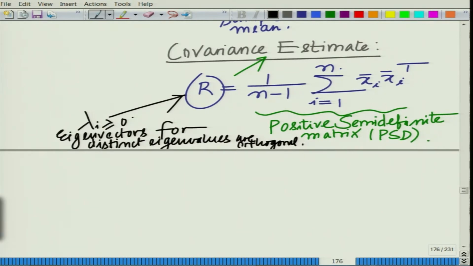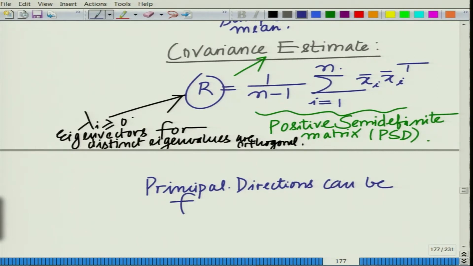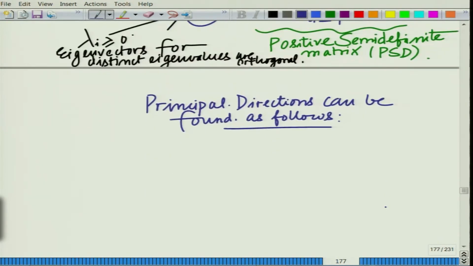Now, the principal components can be found as follows: the directions of the principal components, or the principal directions, can now be determined as follows.